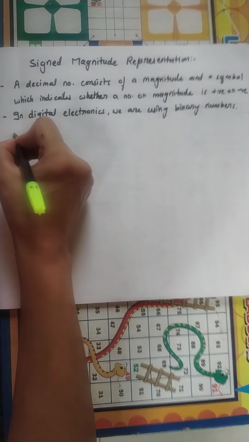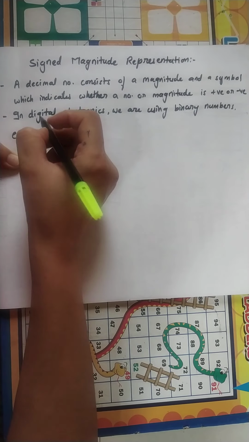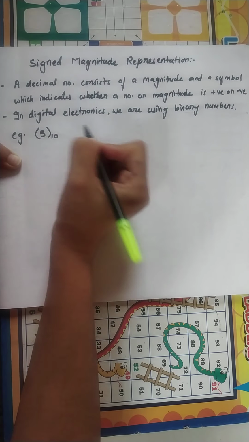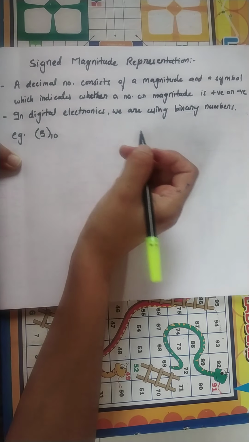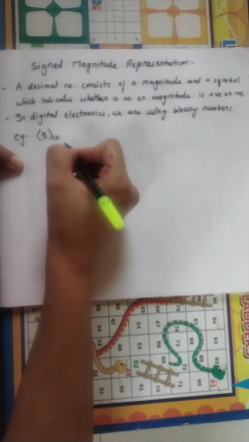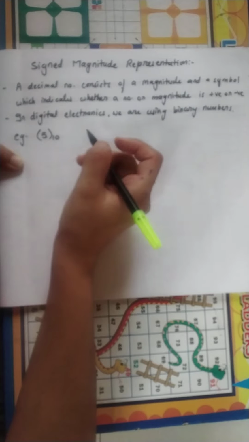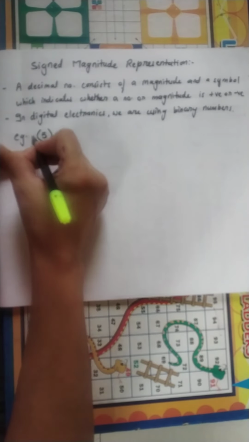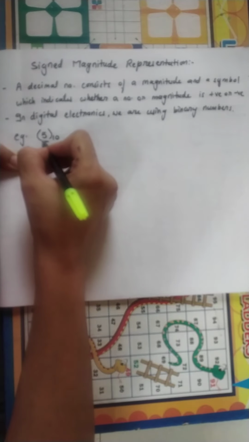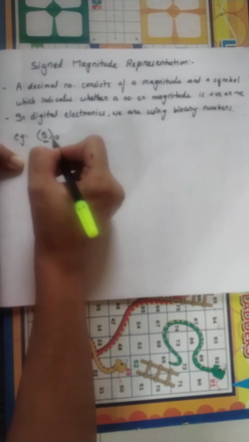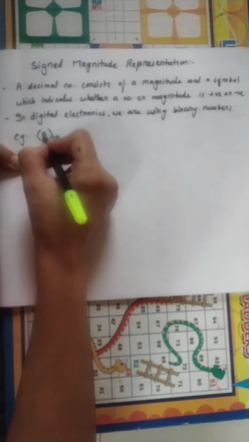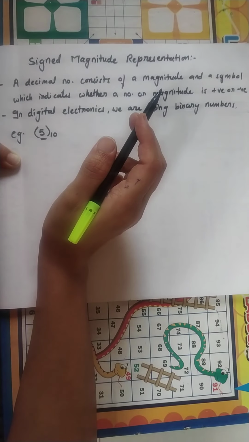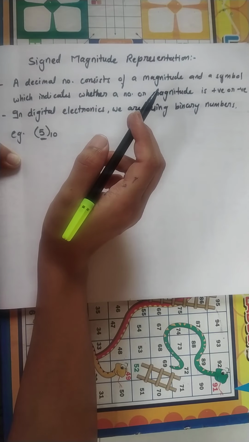So for example, I'll take the number 5. This is a decimal number. Is it a signed magnitude number? No. Why not? Since this is magnitude, and there is no symbol in front of this number, that's why it cannot be called a signed magnitude representation of a number.